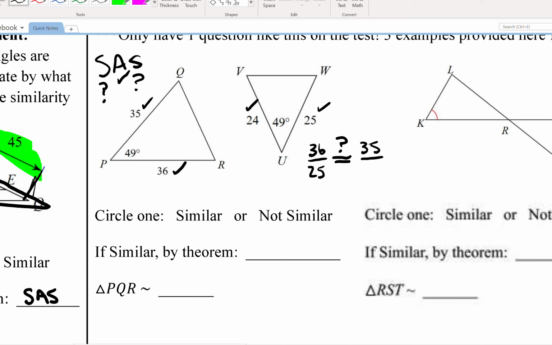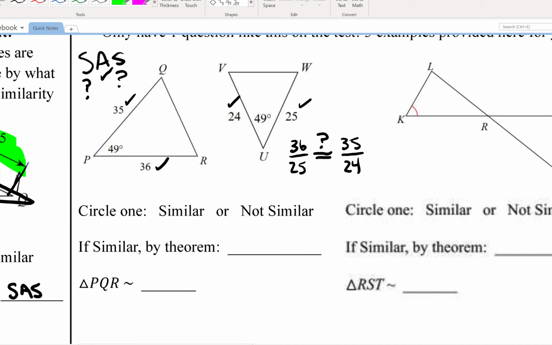compared with 24? If this is a true proportion, then their cross products will be equal.